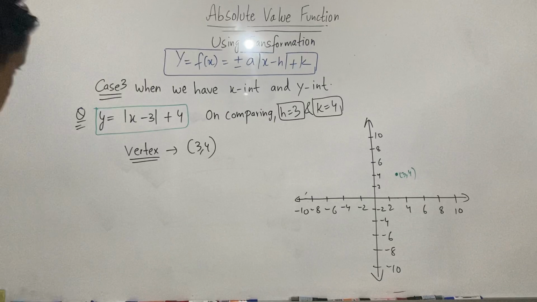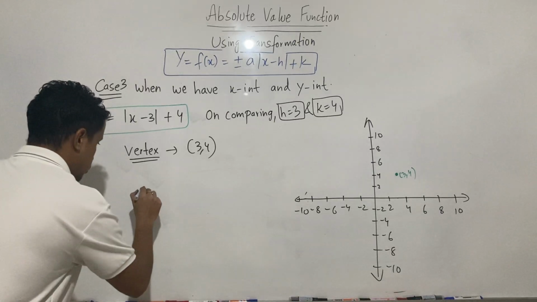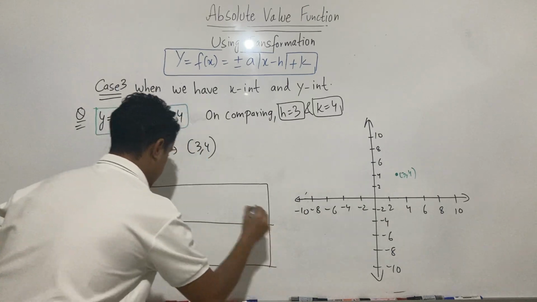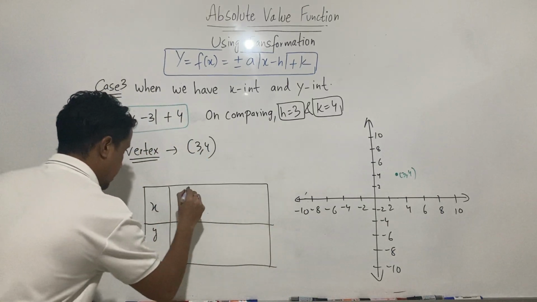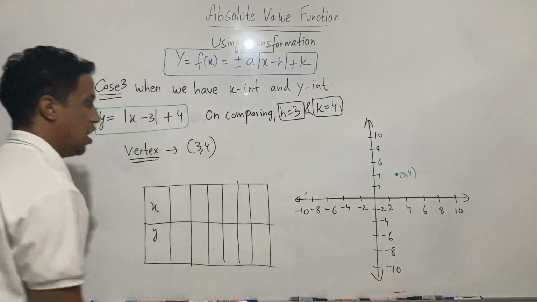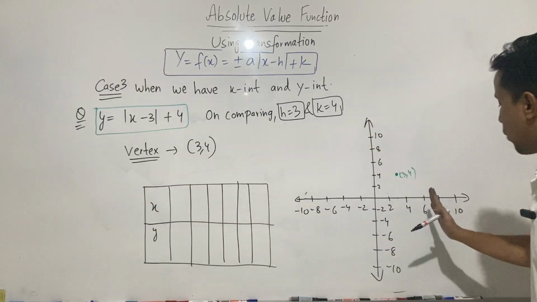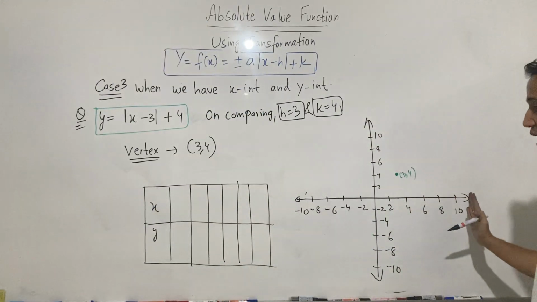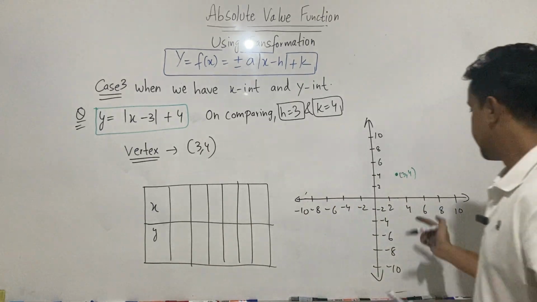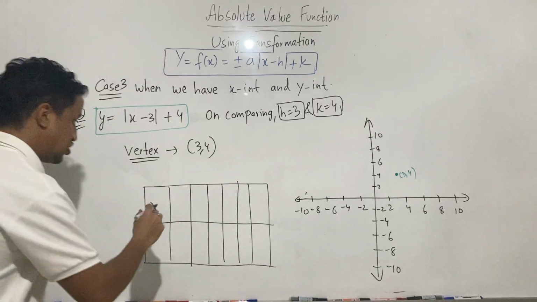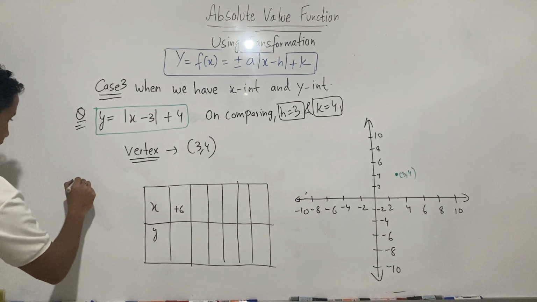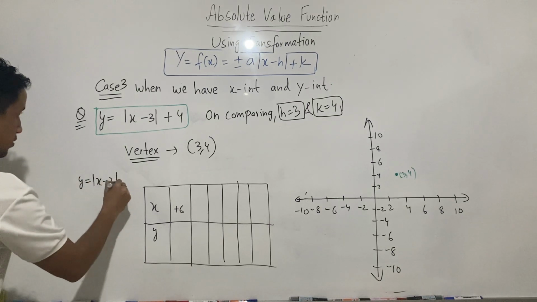All right, so we will make the table, here x, here y. We'll take some values to the right of 3 and then test some values to the left. I will check for x equals 6, and the equation is y equals modulus of x minus 3 plus 4.